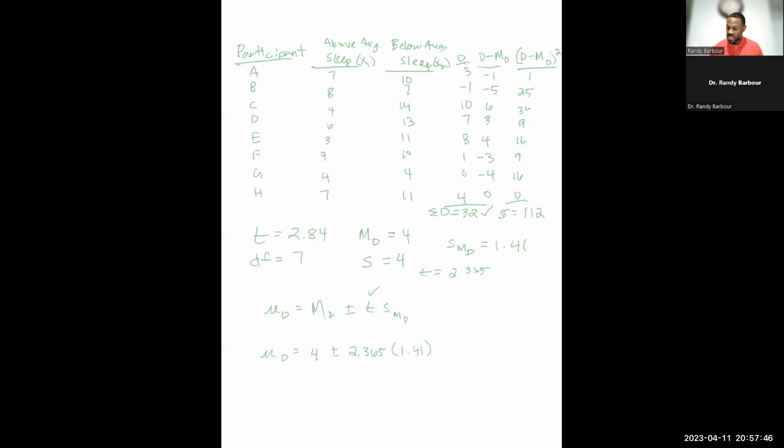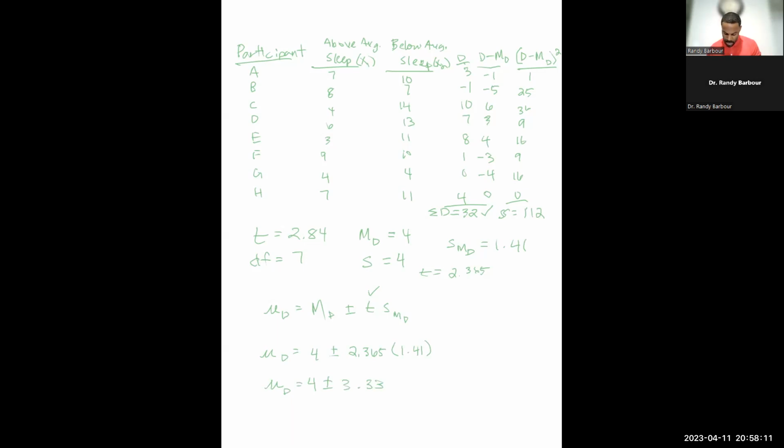Again, that was what we received from this problem. So then you get 4 plus or minus 3.33.